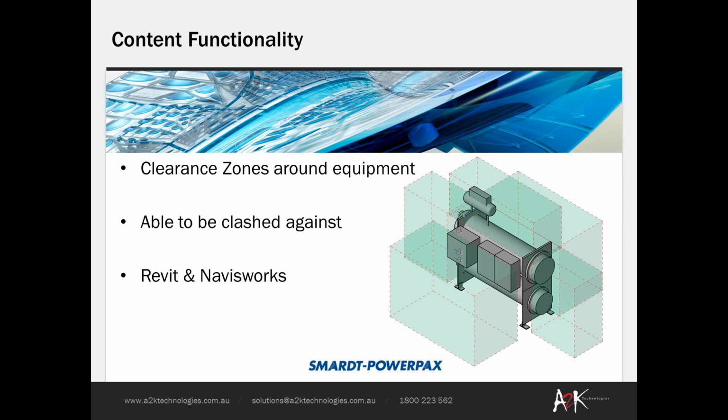So just an example of some of the functionality you can expect to get with a lot of the families, okay, that we're creating. Here's an example of what we've added in, which, again, you don't get out of the box, with the content libraries. Things like the clearance zones around applicable equipment. Okay, so for plant room equipment or equipment that needs access zones, or serviceable zones, clear around where it's installed.